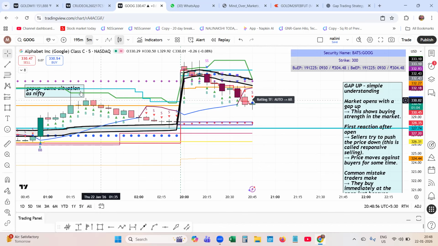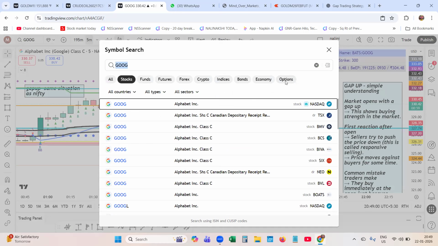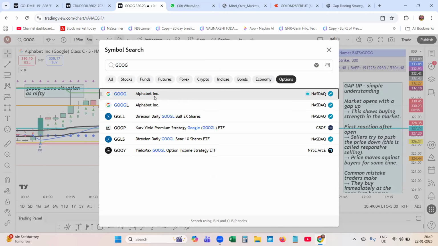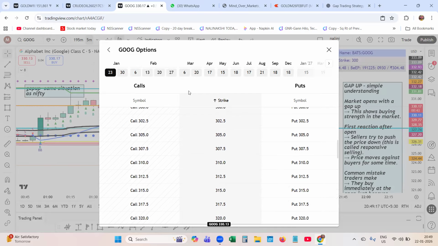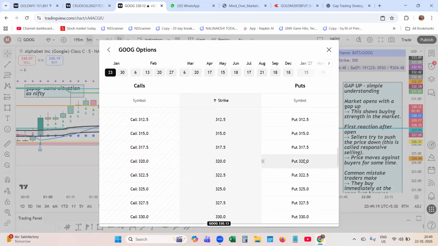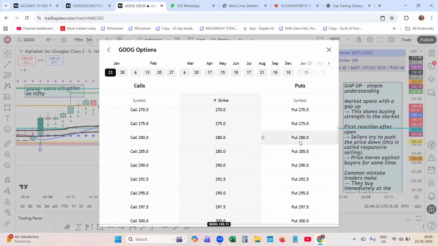Let us say, I don't know whether options are very active in the American market. Let me check what is happening. 300 put option, 23rd January. 23rd January means it is going to expire tomorrow. Let us check the 300 put option. There is 303, 270.